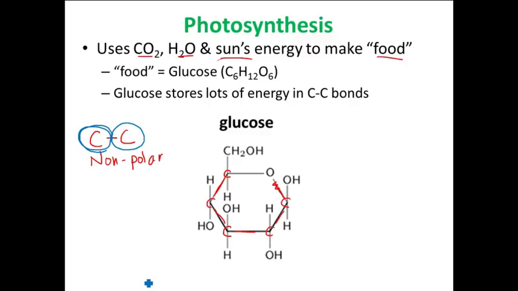So they're tugging on those electrons, pulling them taut, and that has a lot of potential energy in it. And that's how glucose stores its energy. These bonds, like this one here between carbon and oxygen, or between oxygen and hydrogen, those are polar bonds, and they have some energy, but they don't have as much energy because those electrons are not pulled so tightly.